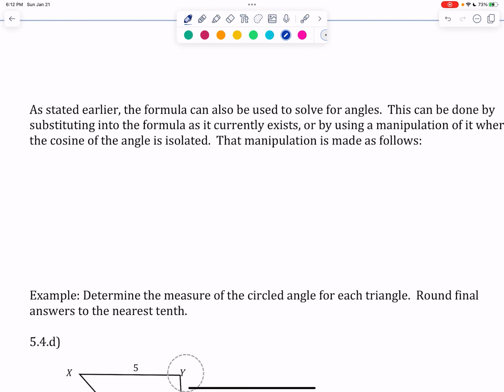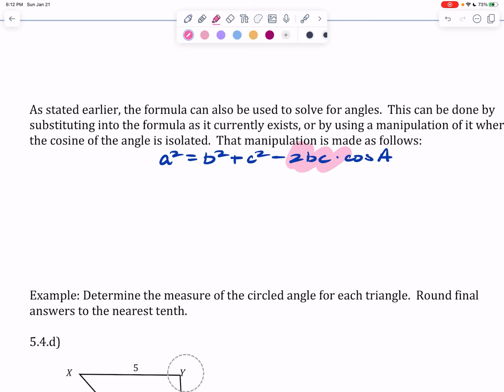So the cosine law itself says a squared equals b squared plus c squared minus 2bc cos A. If we want to have this such that the angle is isolated, I'm going to basically move this thing to the other side, only because that way, instead of having a negative coefficient, it's going to have a positive one.